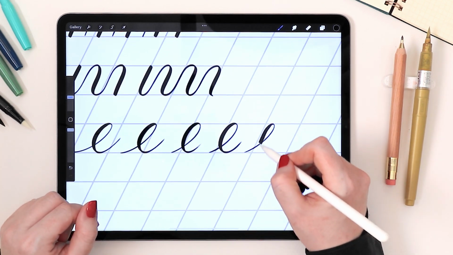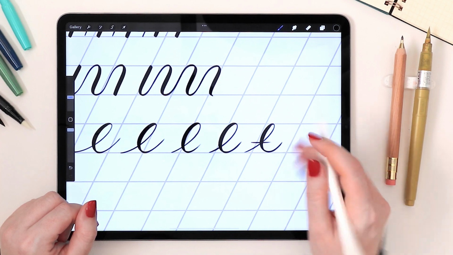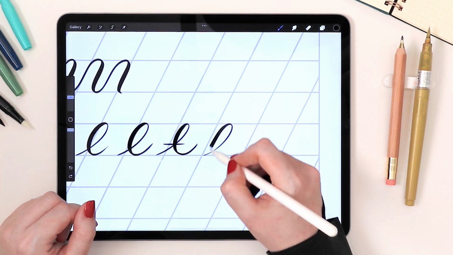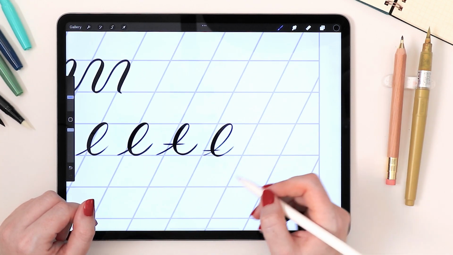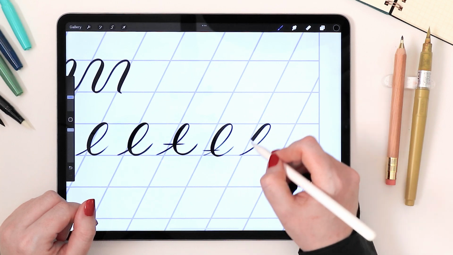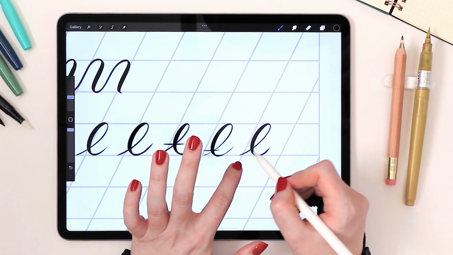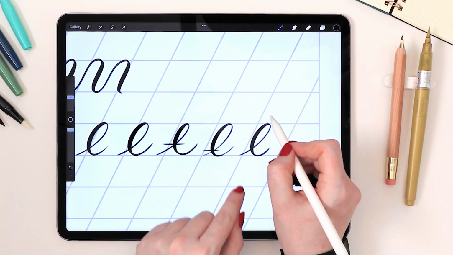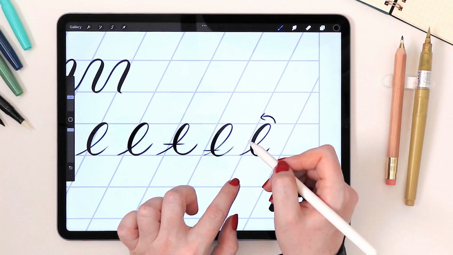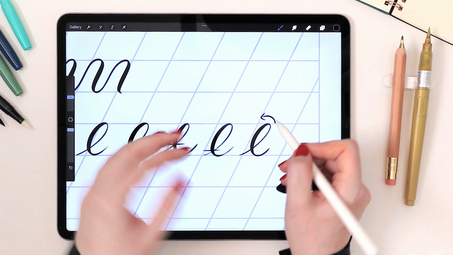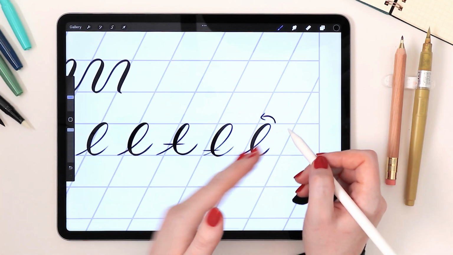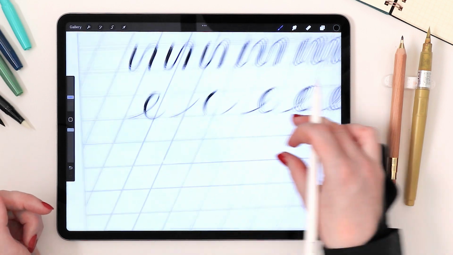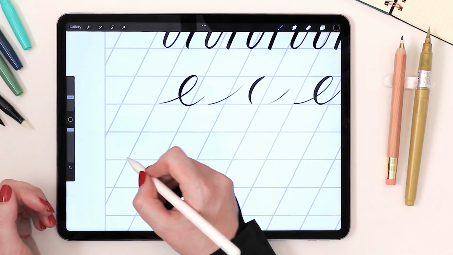You can double back on yourself higher, like right here, or you can double back on yourself more toward the baseline, like this. Doesn't really matter for now. The point is about coming up and then making this sort of backward overturn, moving counterclockwise, coming back down again, and then coming up. You can see these are very similar to a lowercase e, in fact.